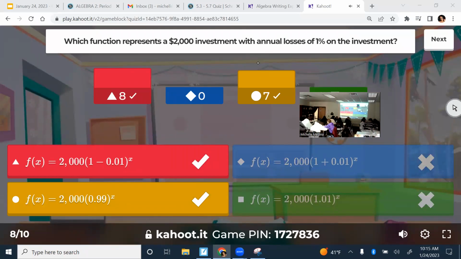Alright, everyone got it right except one team forgot to pick both correct answers. Remember, multi-select means select all that are correct.